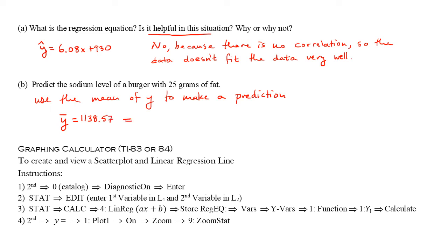So that tells me that roughly 1,139 milligrams of sodium is what we would expect in a burger with 25 grams of fat.